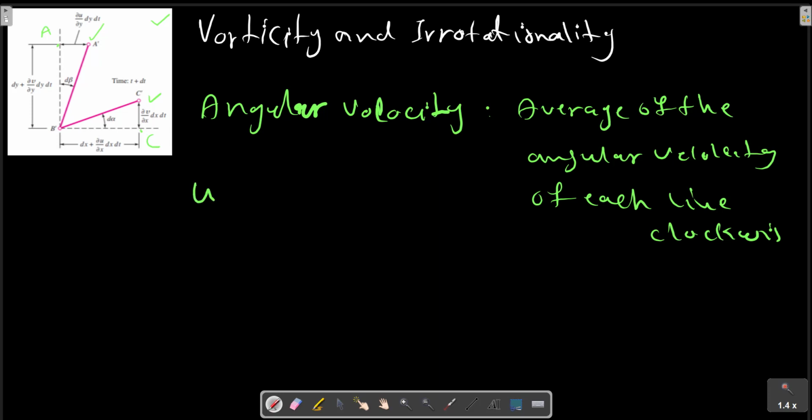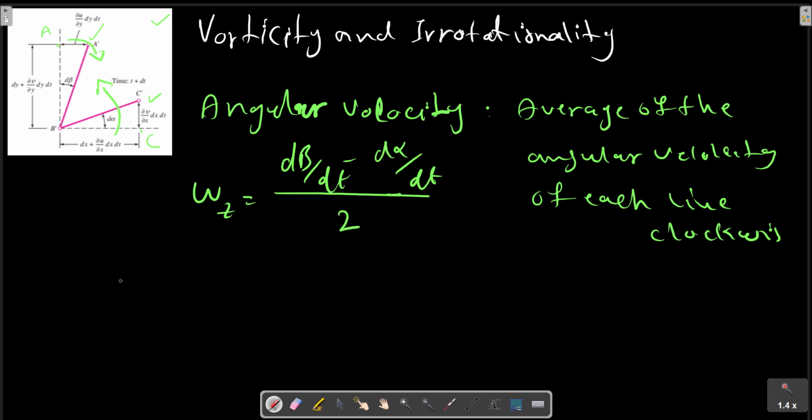So we can write omega z equals, we have a clockwise rotation here, for which the angular velocity is d beta on dt, minus, this is the counterclockwise, d alpha on dt, averaged.